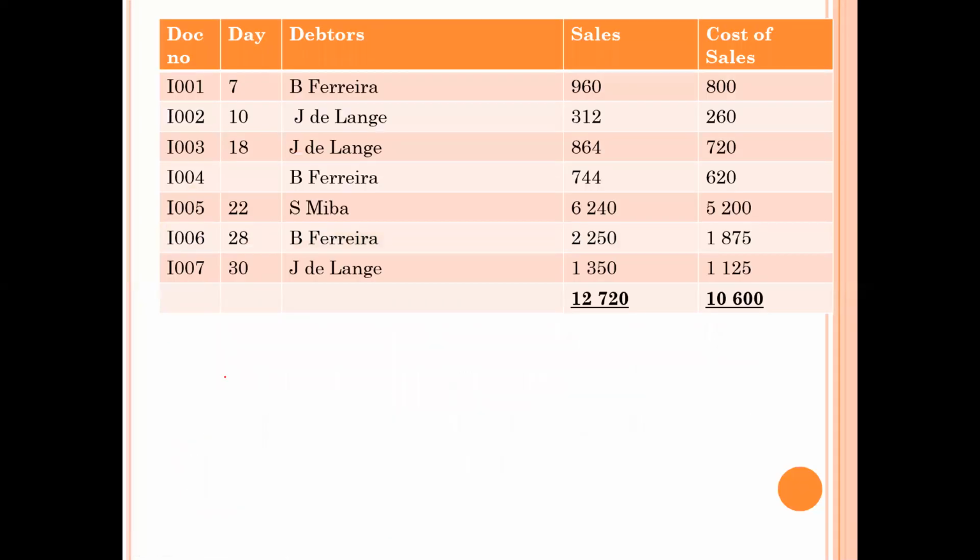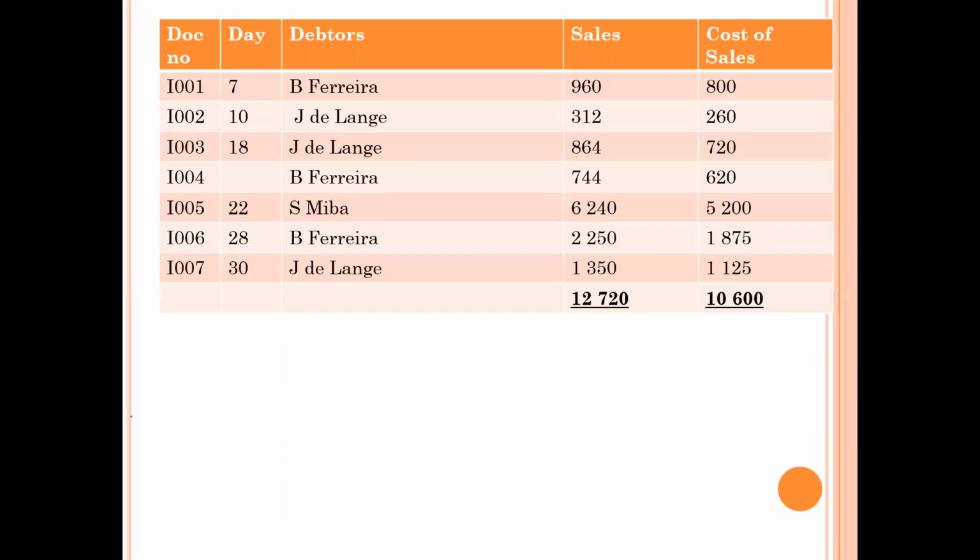And there's the entry on the 30th. Next invoice number 007, J. De Lange, 1,350 is the selling price. You need to go and calculate the cost of sales. So you're going to take the 1,350 times 100 divided by 120, and that will give you 1,125 rand.